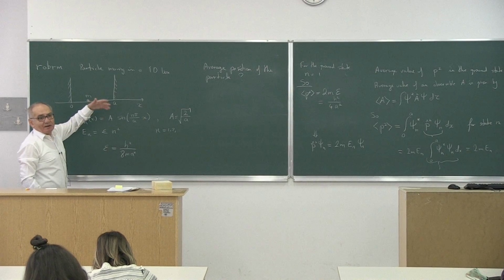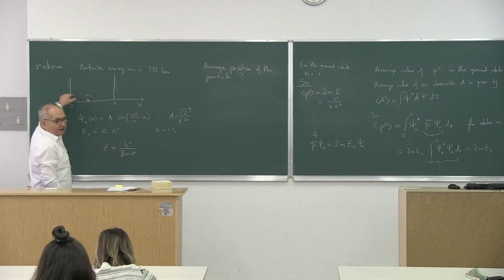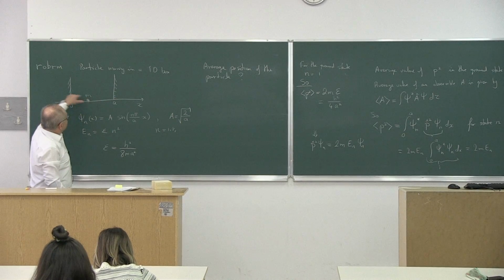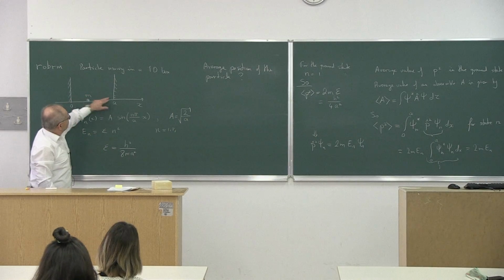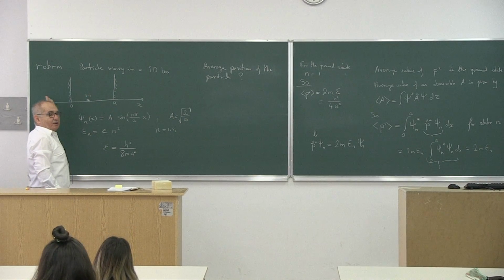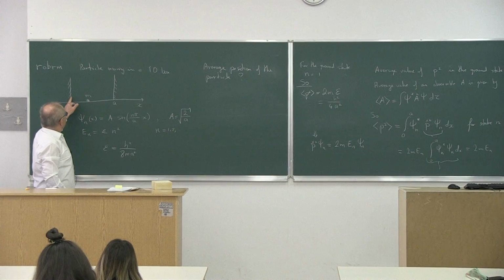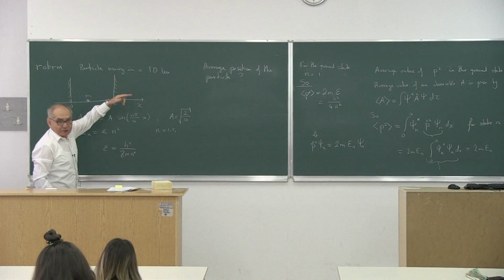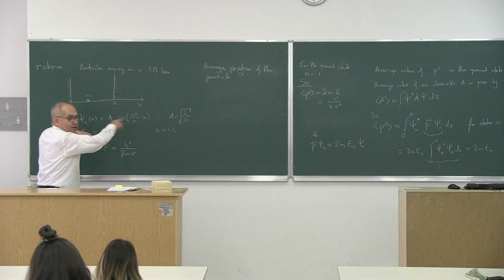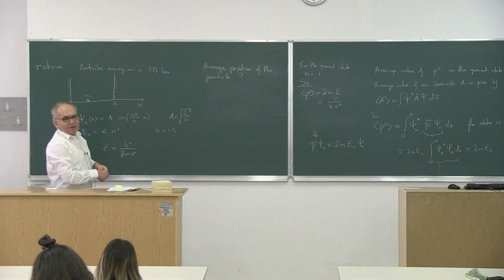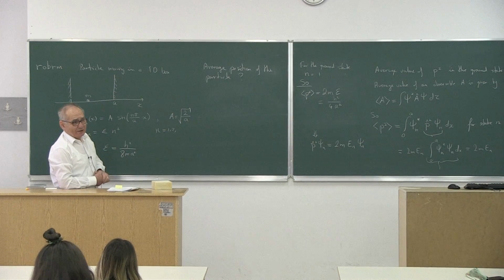What do you expect classically? This particle is in a stationary state and it's going back and forth. When it hits this wall, it travels backward, then hits that wall and then reverses the direction. So it's a motion like that. What do you think the average position of the particle will be in any state?